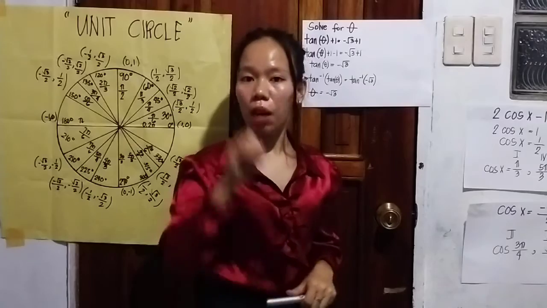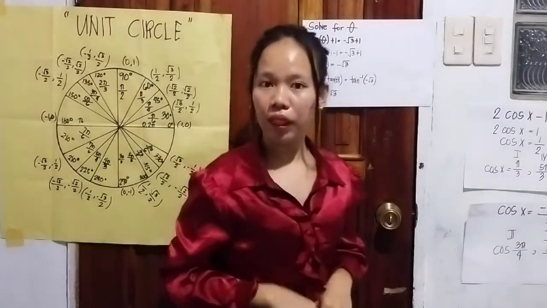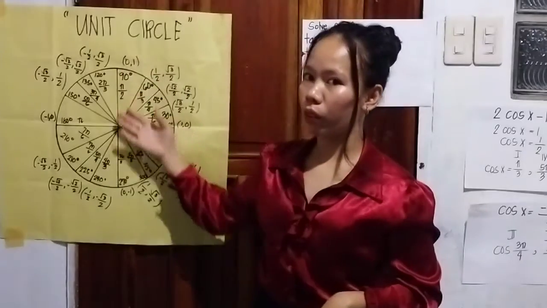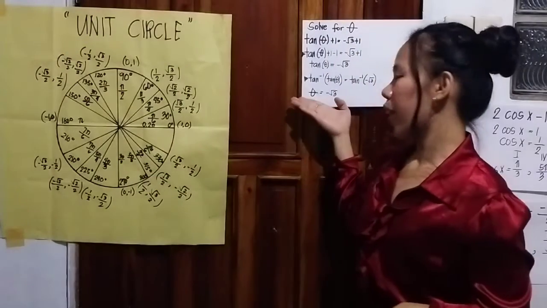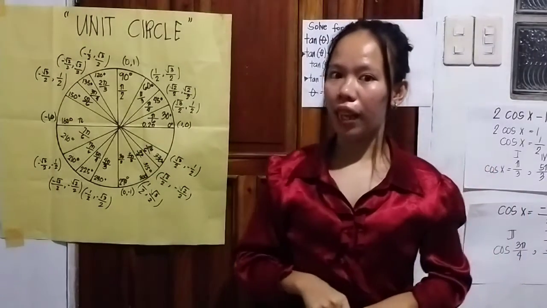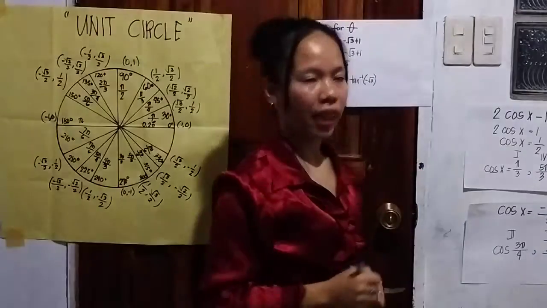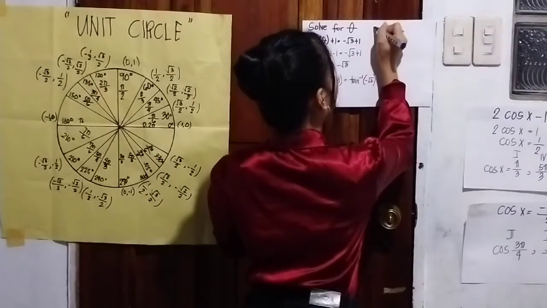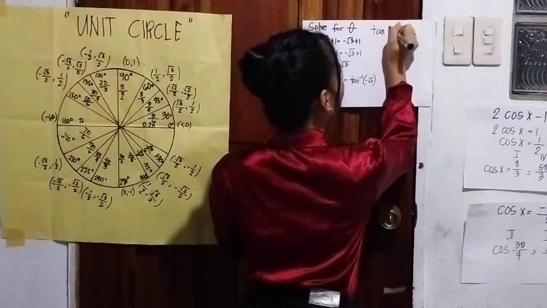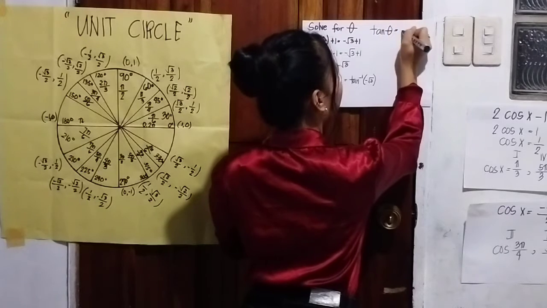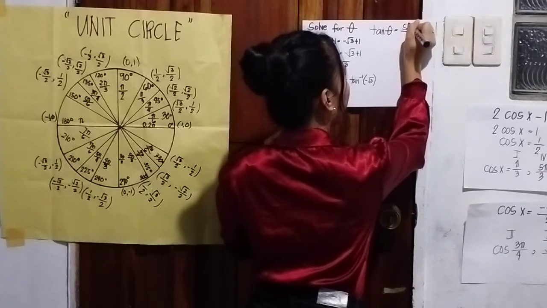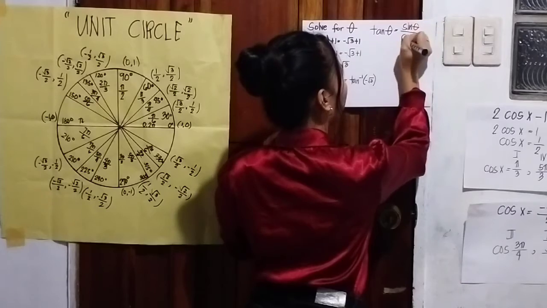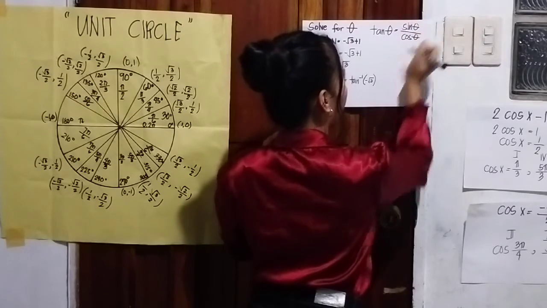Okay, step 3. We use the unit circle to solve for theta. Recall that tan theta is equal to sine theta over cosine theta.